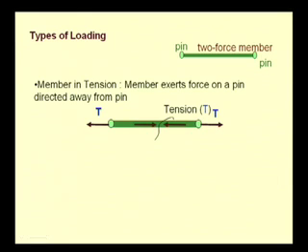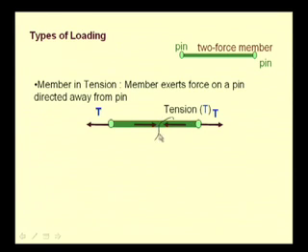This picture shows that tensile loading. You have the two pins connected at the extremities of this two force member, and the externally applied load or the loads from the other connected members pull this member at the two joints.